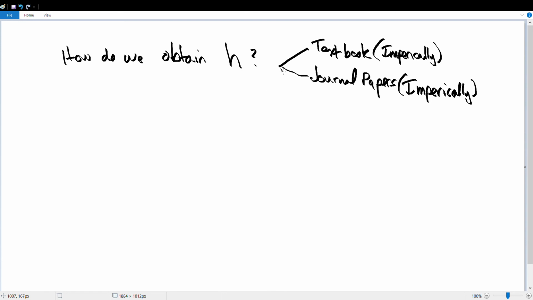The other thing you can do is derive this from a CFD program, computational fluid dynamics, and that involves, of course, the Navier-Stokes approximation.